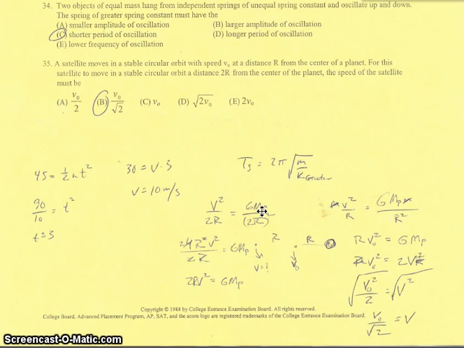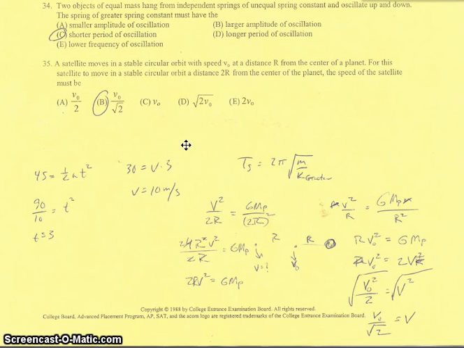So I set this up where this is my one, and I said K is for the greater, and so if this greater one is bigger here, it makes this one smaller, so I get a smaller, shorter period based on a greater K value. And so that's how I picked my answer for that one. This one said longer. This one talked about frequency, and the other two talked about amplitudes.